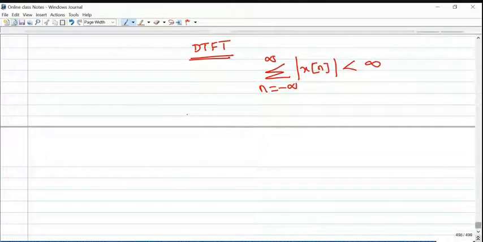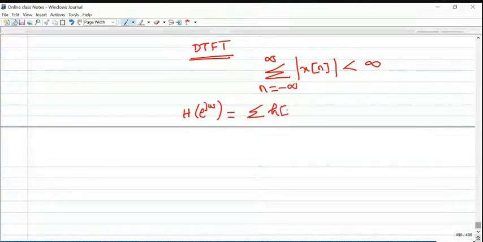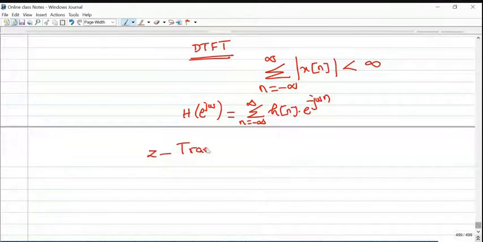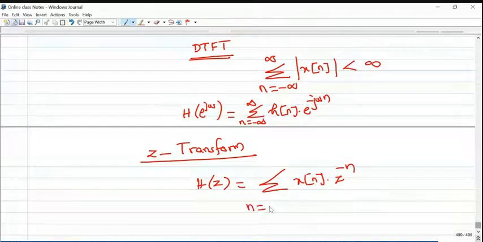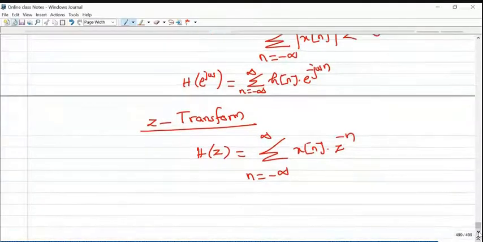The formula for DTFT: H of e power j omega equals the summation of h of n e power minus j omega n, where n varies from minus infinity to infinity. Z transform: H of z equals the summation of x of n z power minus n, n varying from minus infinity to infinity. This is the Z transform formula.